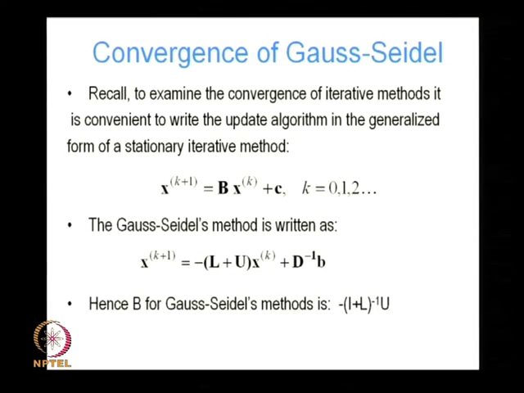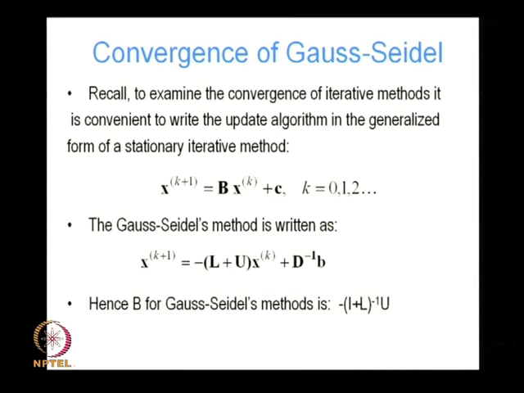Recall the Gauss-Seidel method in the form x^(k+1) = B x^k + c. It can be written if we represent the matrix by L plus U, where L and U are lower and upper triangular matrices formed from my original coefficient matrix A. Each of them, recall, has 0 on its diagonal, and D is the diagonal matrix which we defined last time.